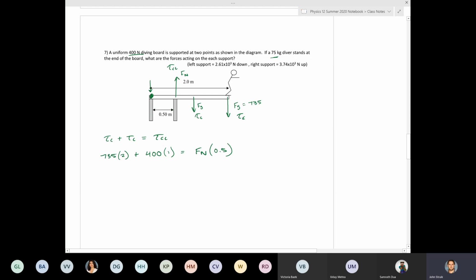And then all we've got to do is figure that out. So 735 times 2 is 1470 plus 400, so 1870 equals 0.5 times Fn. So times that by 2 again. So you get Fn is... why am I getting a different answer?